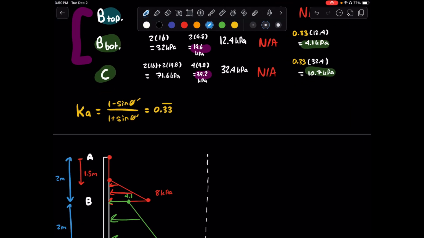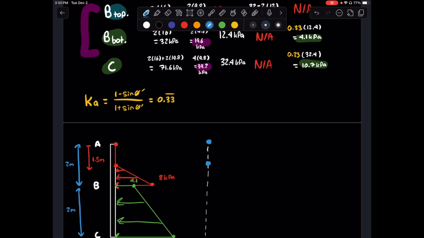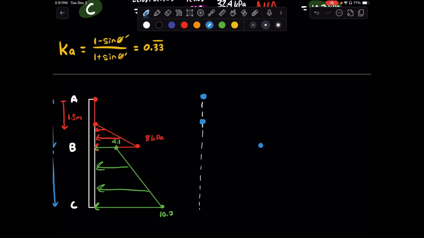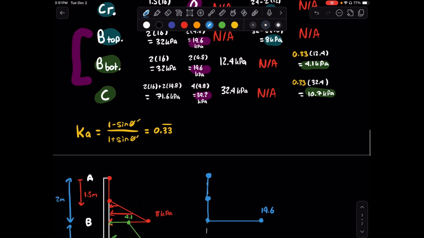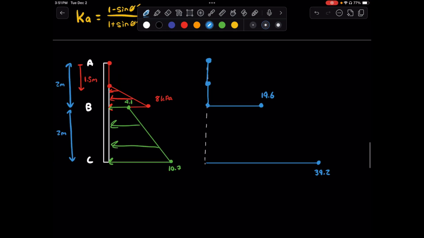So 0 at A, 0 at the crack, 19.6 at B, and then 39.2 at C. So 0 all along here.